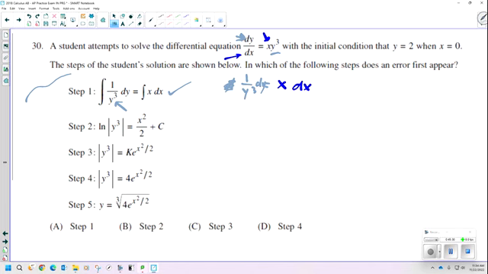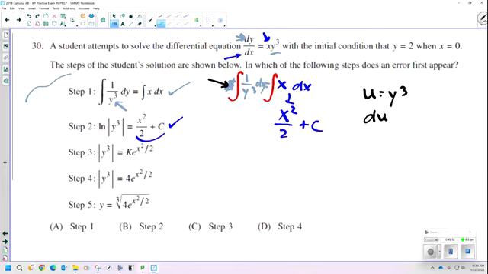Here's the issue. When I integrate this, okay, now I want to integrate both sides. The integration of this is just x squared over 2 plus c. Okay, that's good. But when I integrate this, I'm going to have to do u-sub, where u is y cubed and du is 3y squared dy. And I don't even have that.